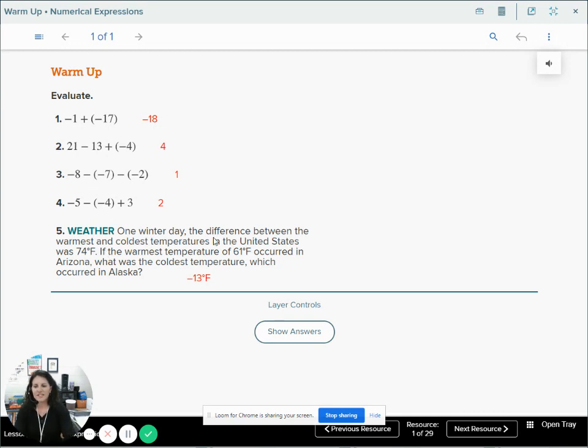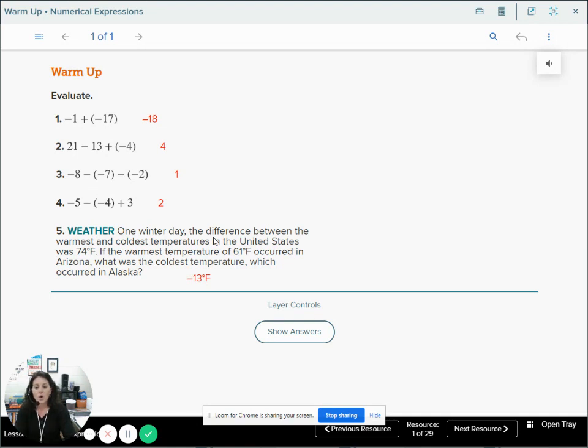And on number 5, it says, one winter day, the difference between the warmest and coldest temperature in the United States was 74 degrees Fahrenheit. If the warmest temperature of 61 degrees Fahrenheit occurred in Arizona, what was the coldest temperature which occurred in Alaska? Okay, so the difference between the two, difference means we subtract the two, we get 74 degrees.